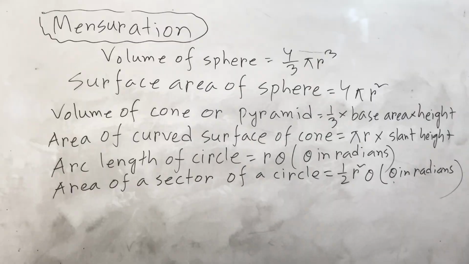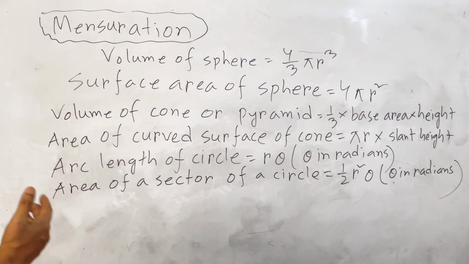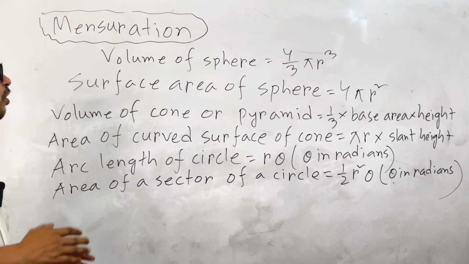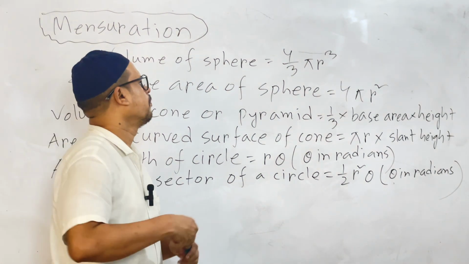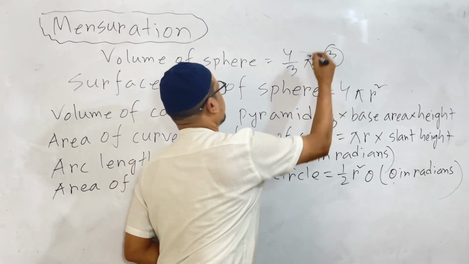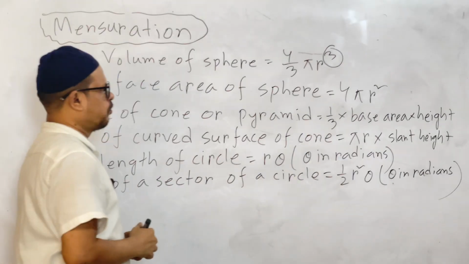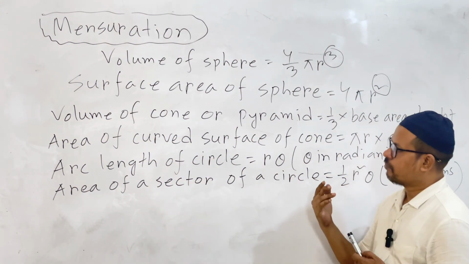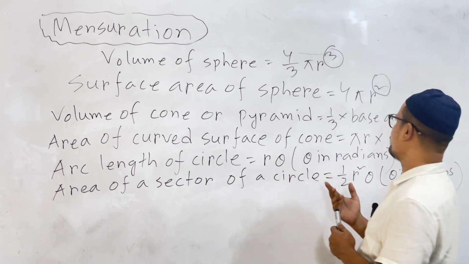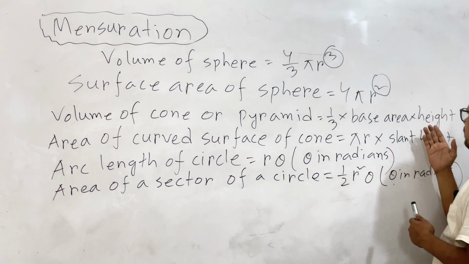Now we have to know some mensuration formulas. The volume of a sphere equals 4 by 3 pi r cubed. The surface area of a sphere is 4 pi r squared. The volume of a cone or pyramid is 1 by 3 multiplied by base area into height.